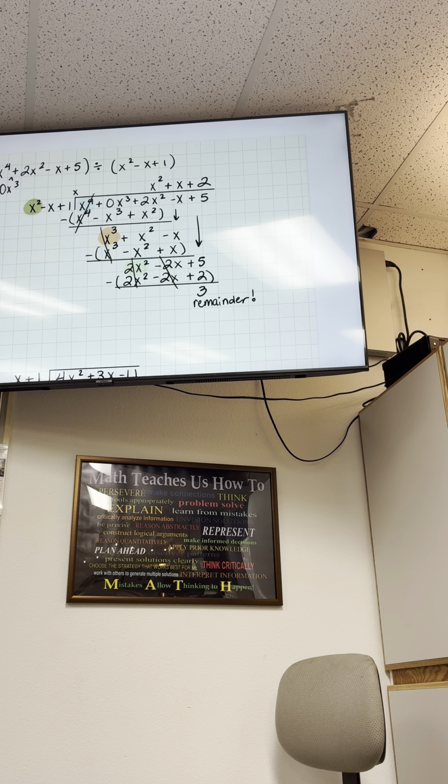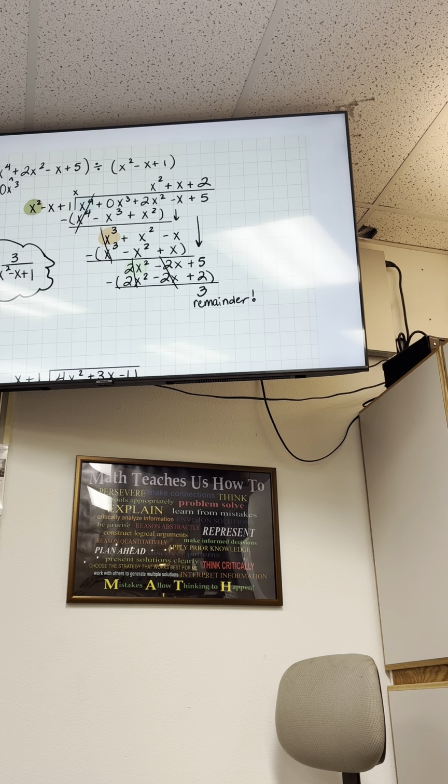So the correct way to do this would be to finish this off by answering that we have a solution of x squared plus x plus 2 plus a remainder of 3 out of the initial x squared minus x plus 1. That's how you would formulate your solution.